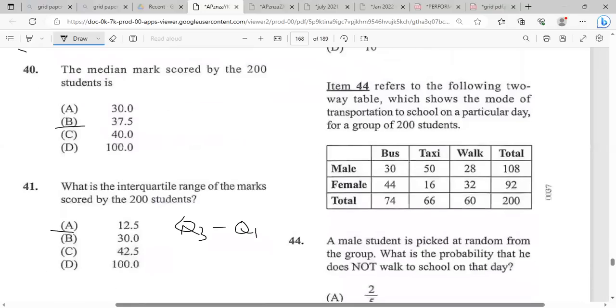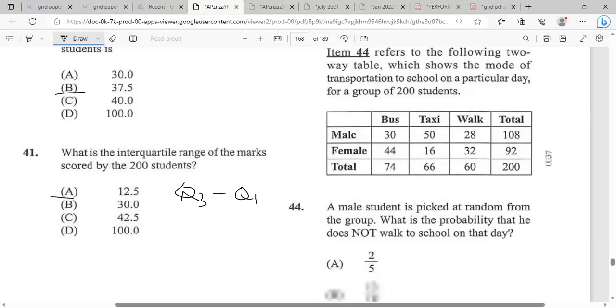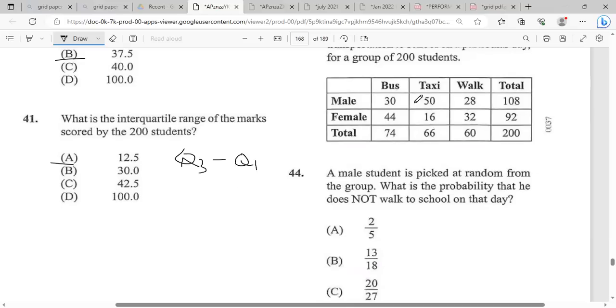44 refers to the following two-way table, which shows the mode of transportation to school on a particular day for a group of 200 students. A male student is picked at random from the group. What is the probability that he does not walk to school? Male does not walk, so taxi and bus.